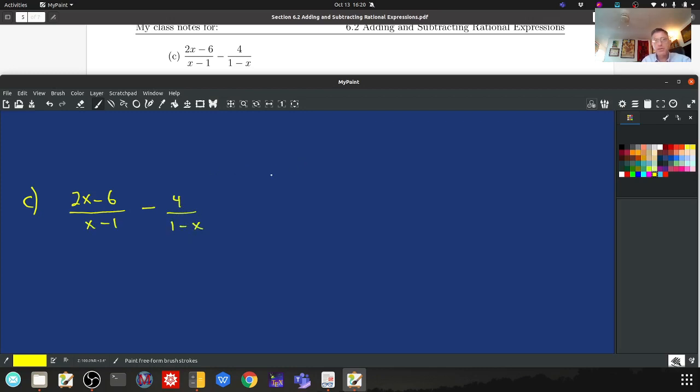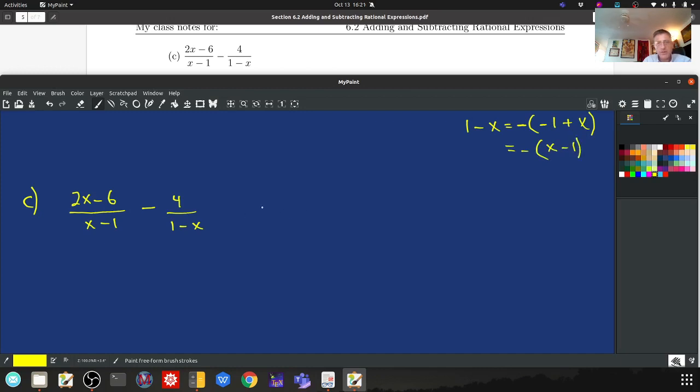So what are we going to do with this one? We almost have a common denominator. Can I factor out a negative from 1 minus x? Let's do that. I take my negative, put it in front of parentheses, 1 becomes minus 1, and x becomes plus x, and then we write it in standard form with the negative there.